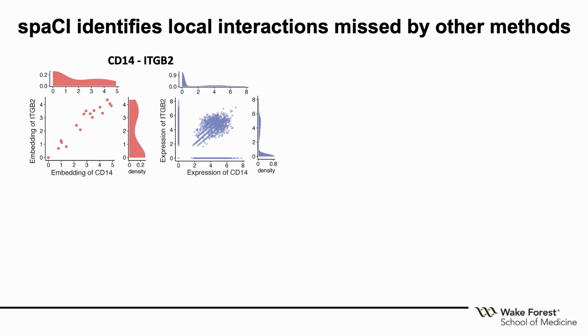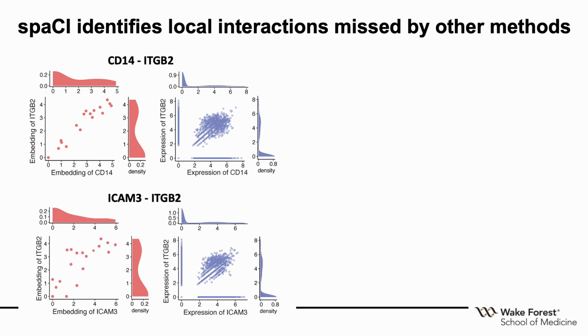In contrast, both CD14 and ITGB2 present extensive zeros in their raw expressions, with only a small portion of expressed cells observed, which explains the low correlation of CD14 and ITGB2 in the raw gene expression data. The other ligand-receptor pair, SEMA3 and ITGB2, were also observed with strong associations in the latent representation but not in the raw gene expressions.